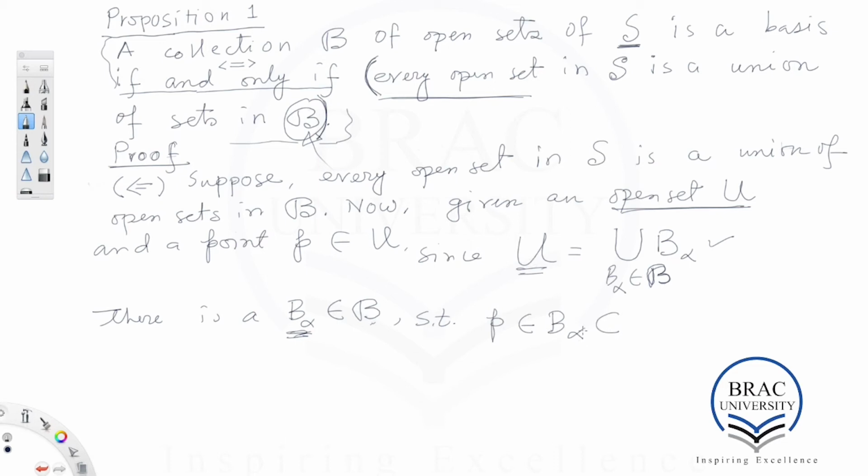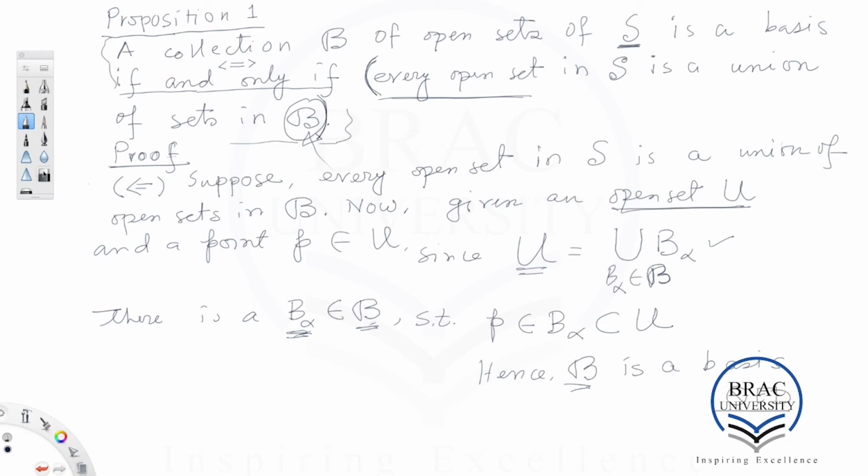So P belongs to one of these elements, and that element is also contained in U. So thus it verifies the fact that this subcollection is indeed a basis of the topology tau. Hence B, this subcollection, is a basis. QED.